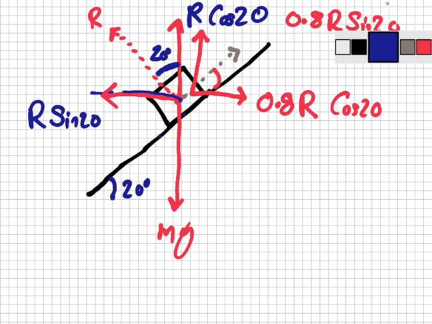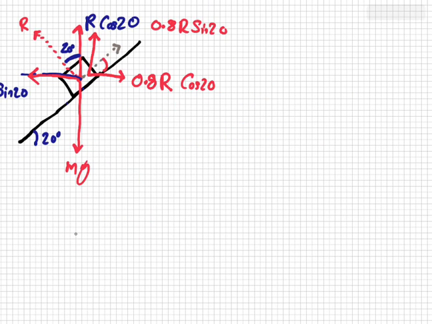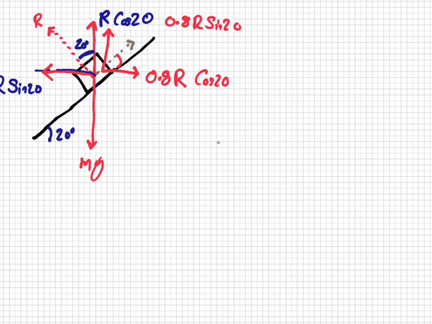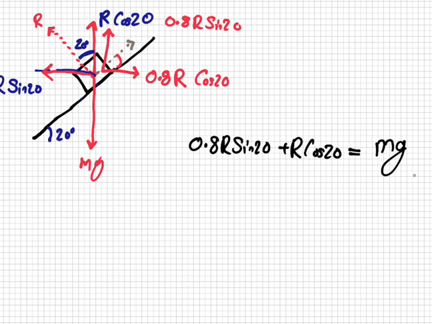So I get this equation: 0.8R sin 20 plus R cos 20 must equal mg. Because I'm saying this up force plus this up force must equal this down force.